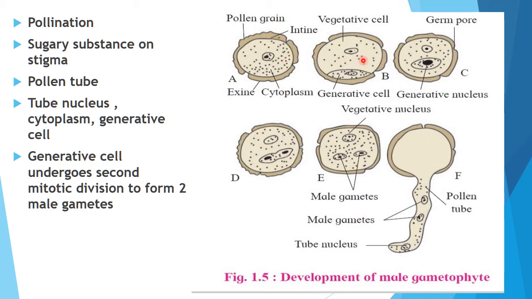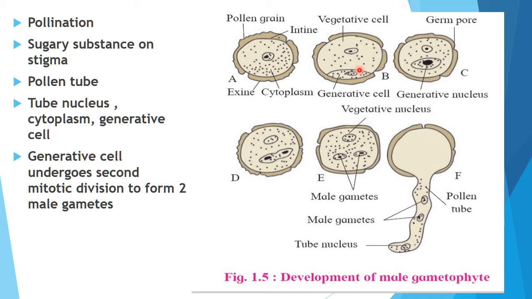This is after the first mitotic division: a small generative cell and a large vegetative cell, a two-celled structure. In some plants, pollination takes place in this two-celled structure only. In angiosperms, most plants get pollinated in this two-celled structure.